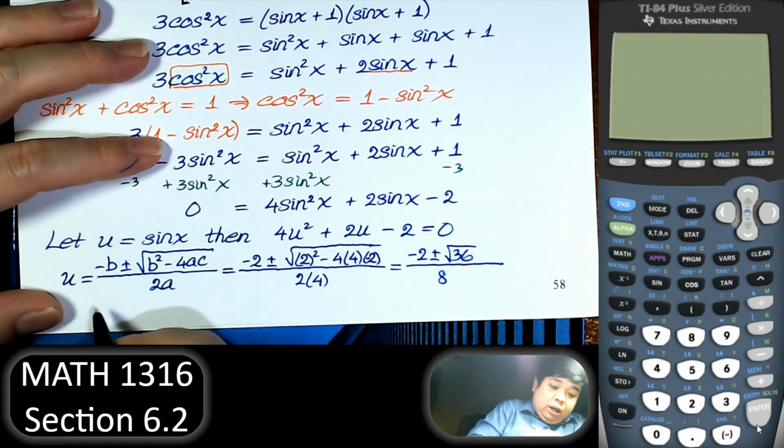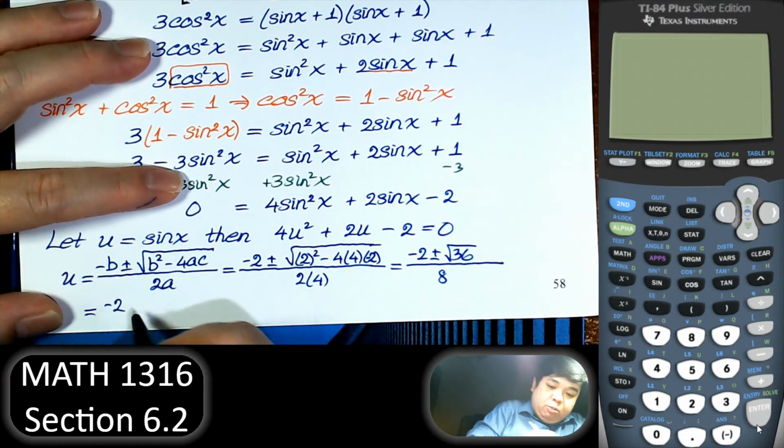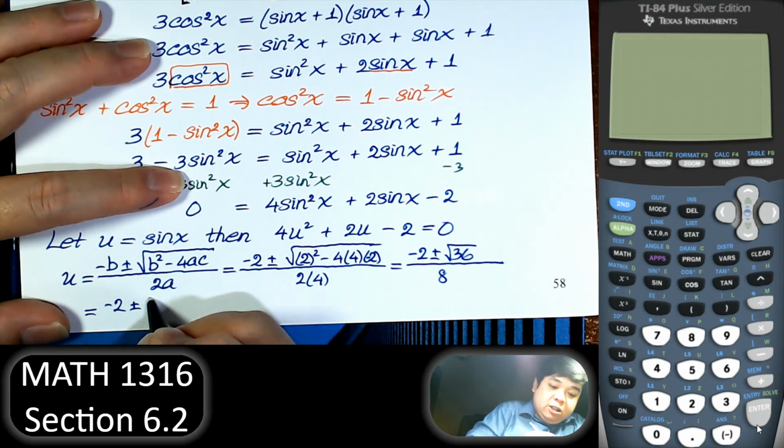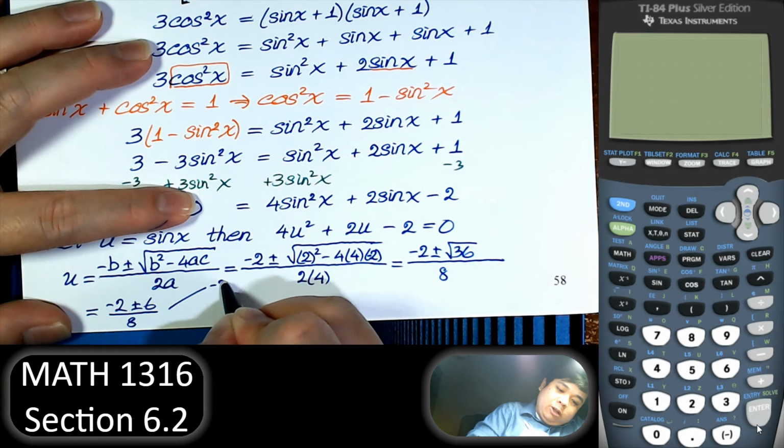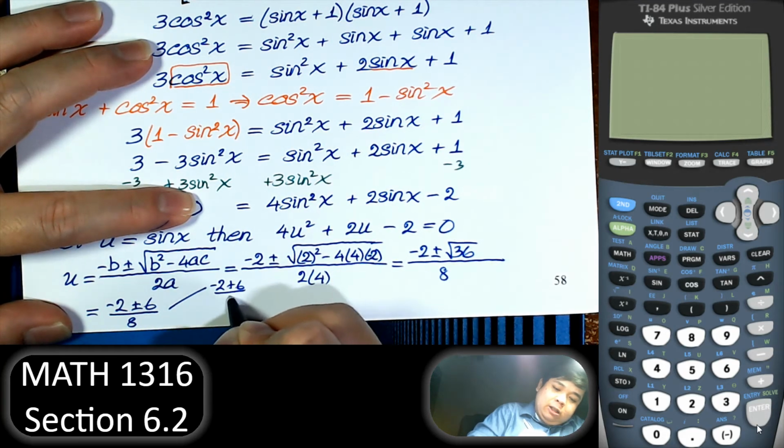Right. And then the square root of 36 is 6. So we have negative 2 plus 6 divided by 8.